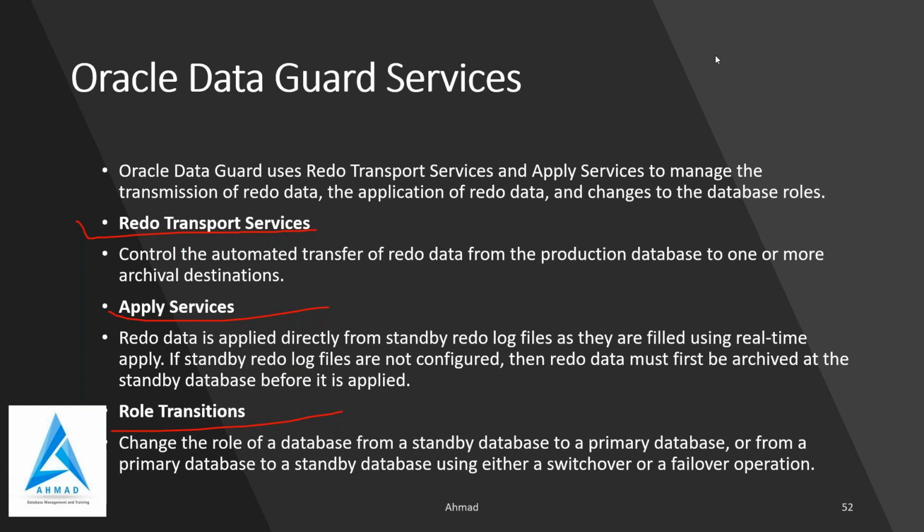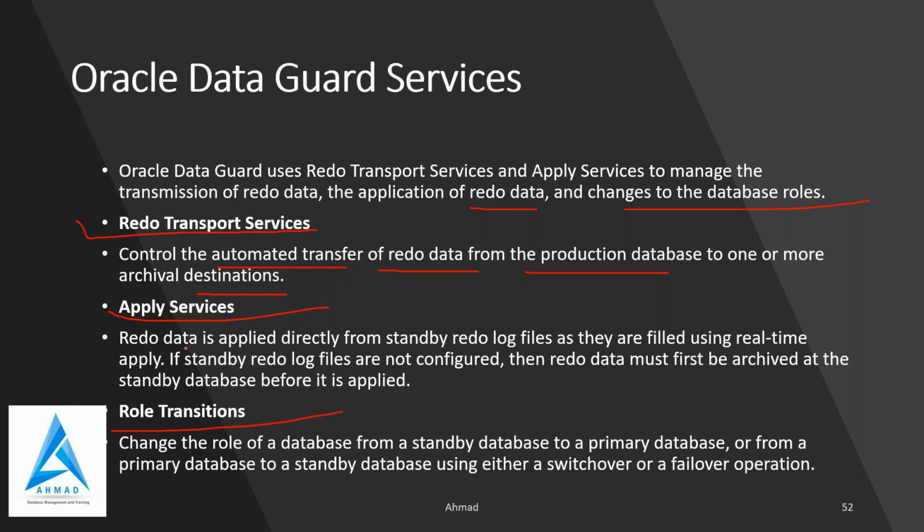So Oracle Data Guard uses redo transport services and apply services to manage the transmission of redo data, the application of redo data, and the changes to the database role. So redo transport services basically control the automated transfer of redo data from the production to the standby.